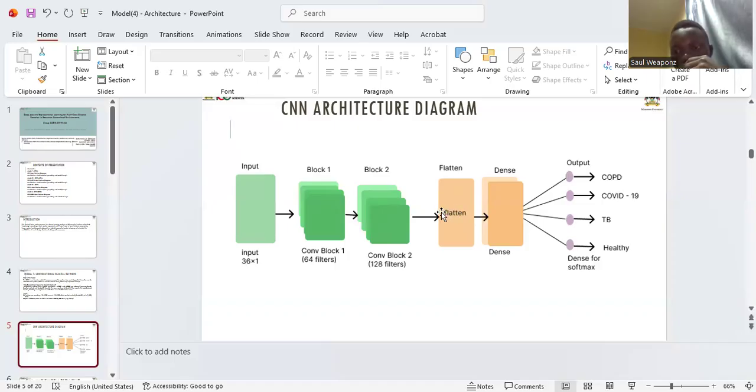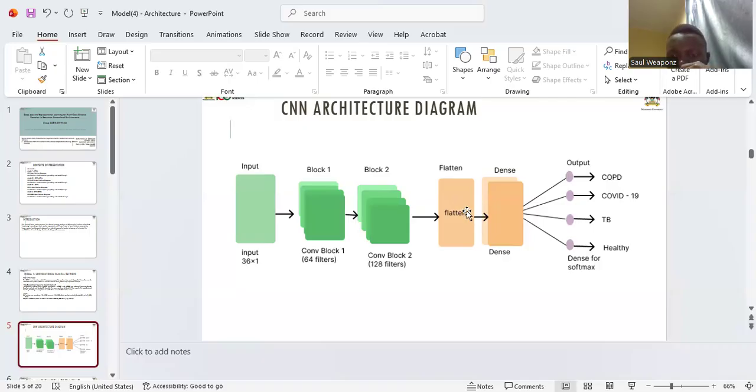Then from there we head into the flatten, which collapses the 2D feature map into a 1D vector, so that we discard the position context.